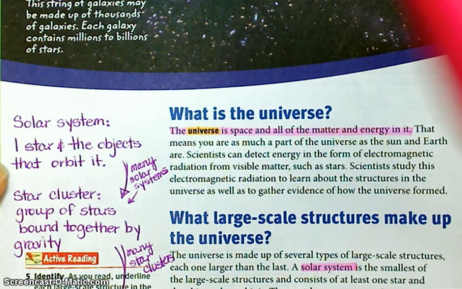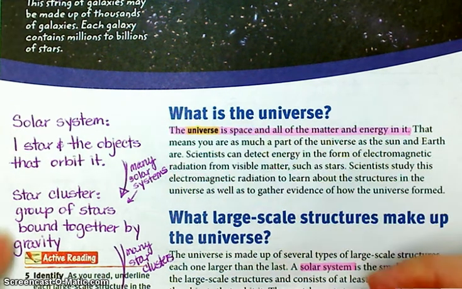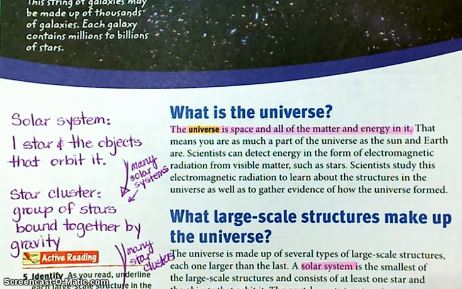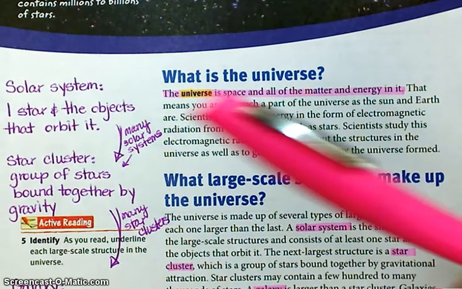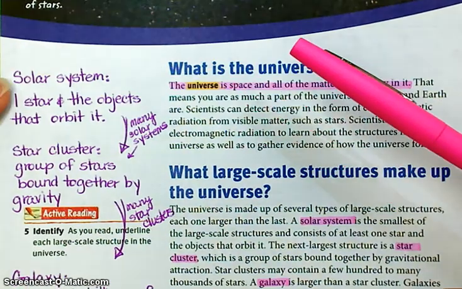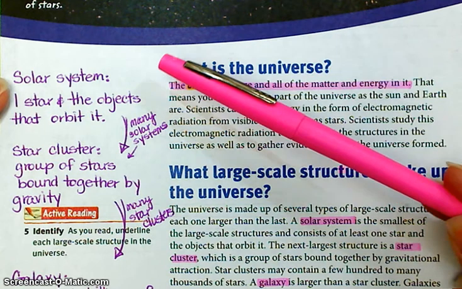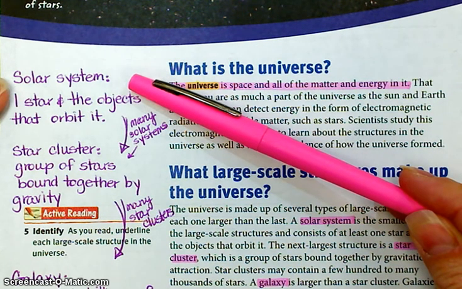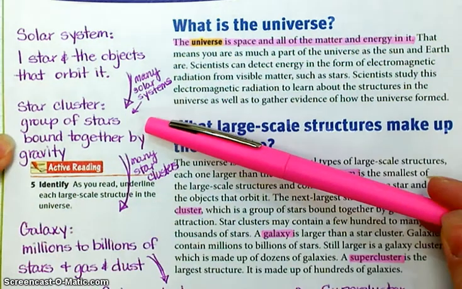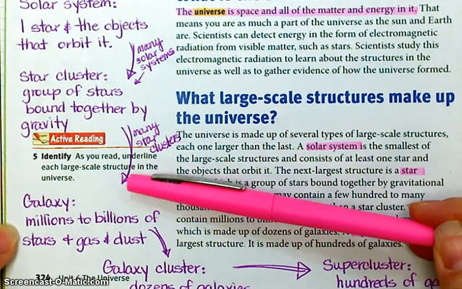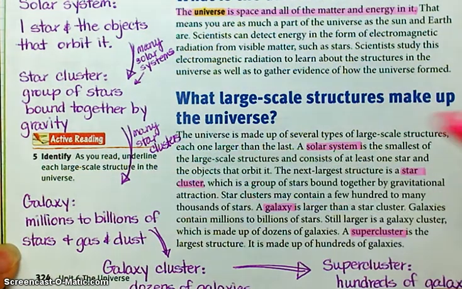Okay, so if you want to go in the order now that it's mentioned in the paragraph, your large-scale structures, starting with the smallest, is a solar system. Okay, many of those may be grouped together in a star cluster. Many star clusters may be grouped together in a galaxy.